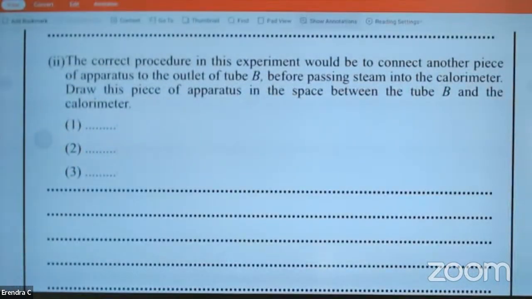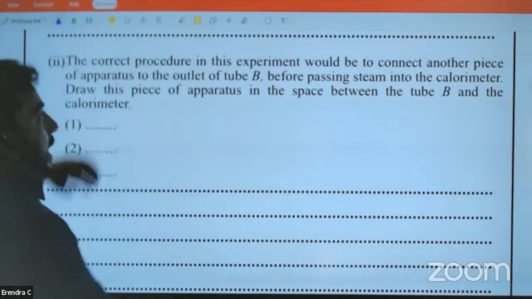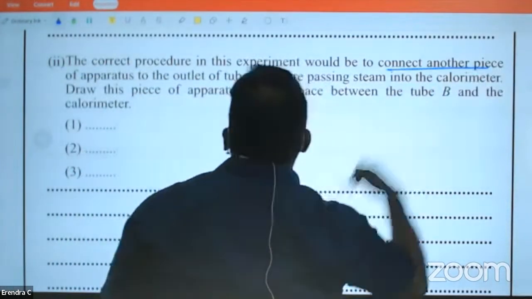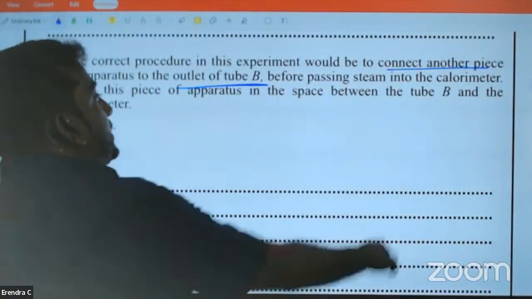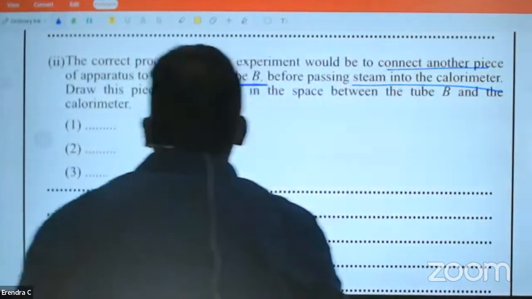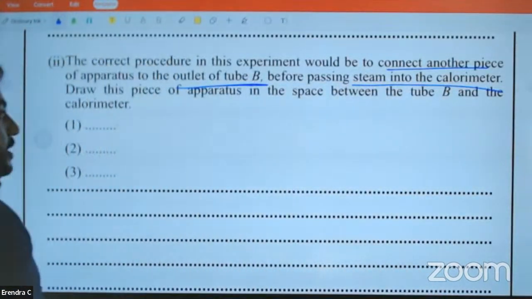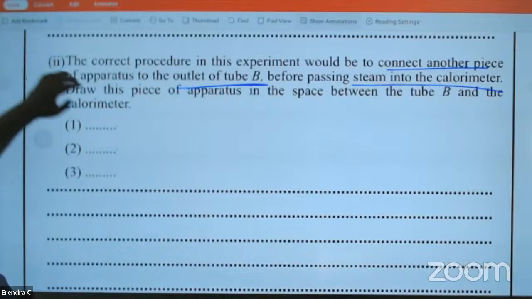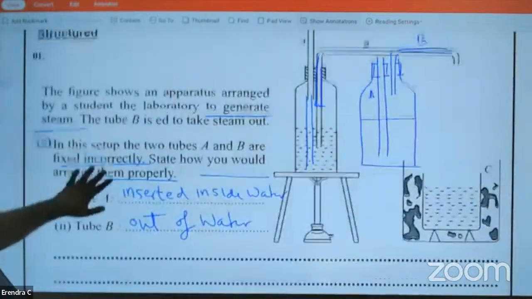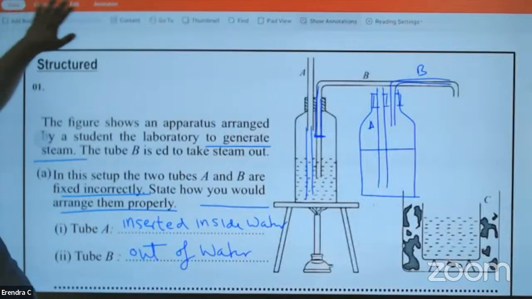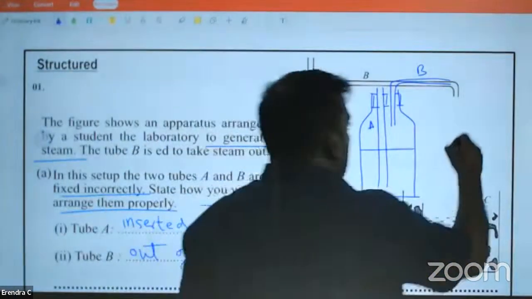The correct procedure in this experiment would be to connect another piece of apparatus to the outlet of tube B before passing it into the calorimeter. Draw this piece in the space given. Let's draw this.